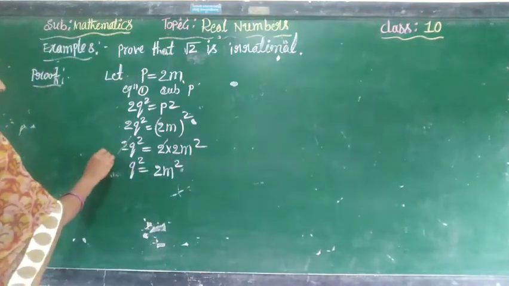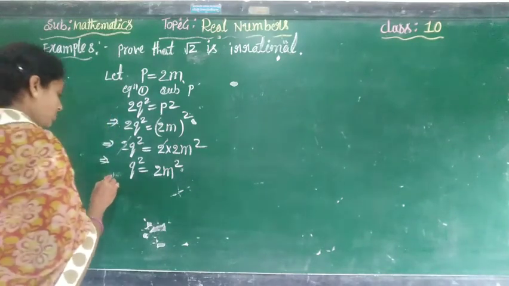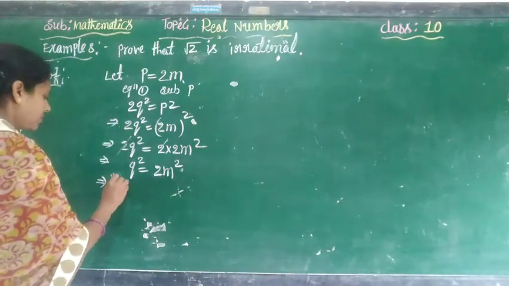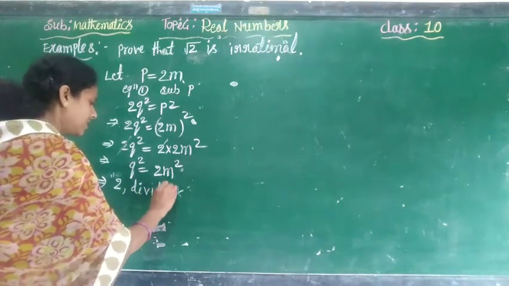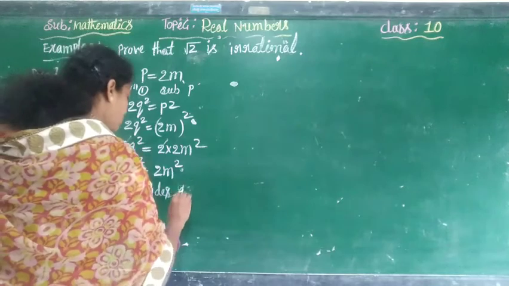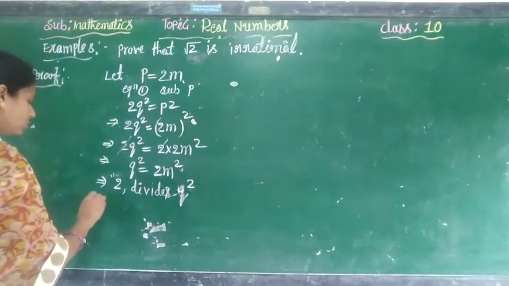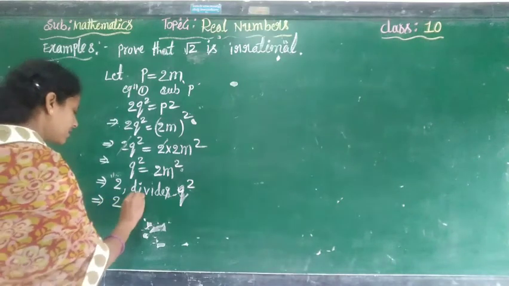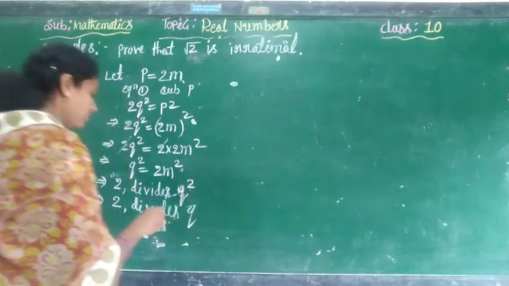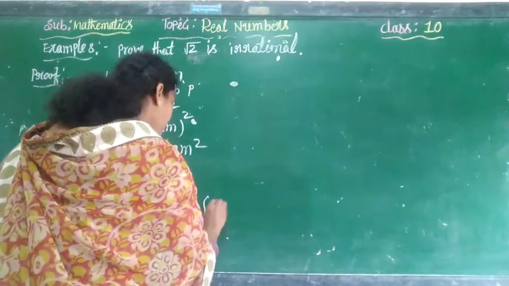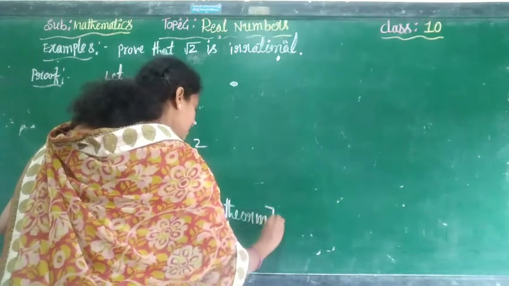Q square is equal to 2m square. This implies that, so again, Q square, 2 divides Q square. Then also 2 divides Q by theorem 8.3.